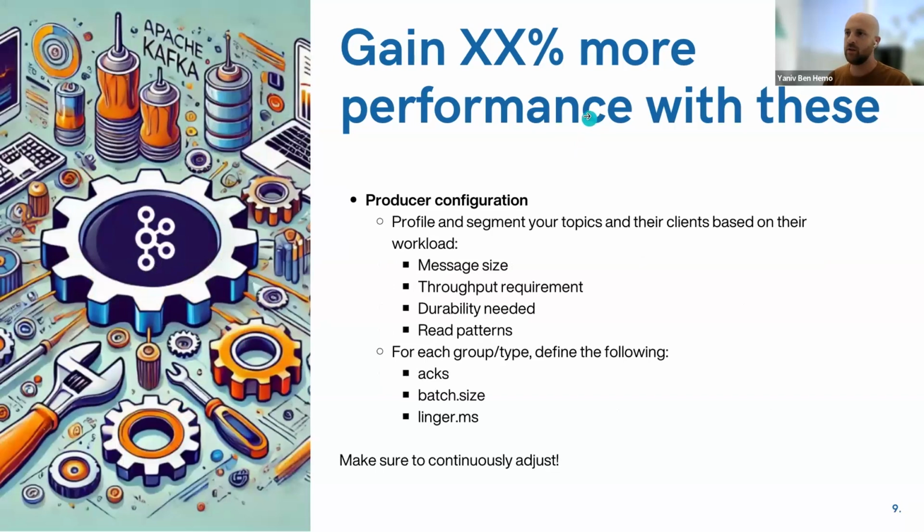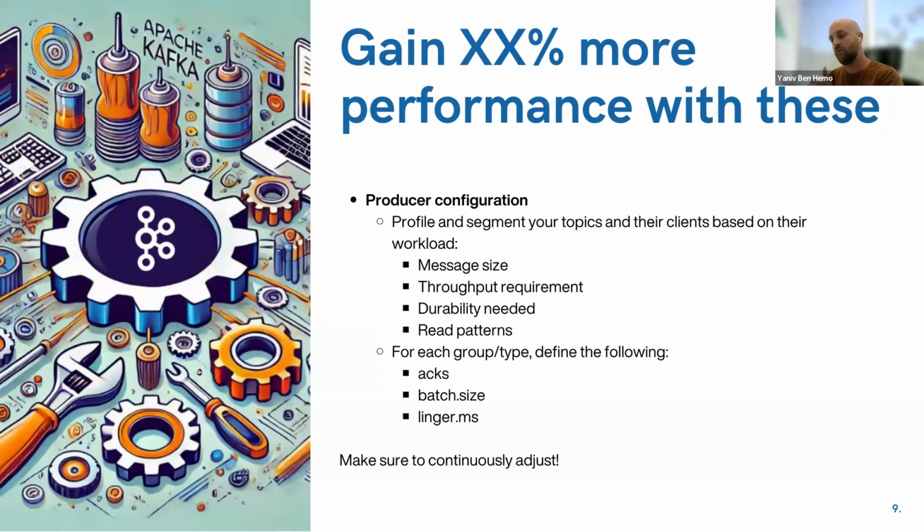Producer configuration. It starts with profiling and segmenting your topics and their clients based on message sizes, throughput, durability, and read. Now, it is heavy lifting. It does require research and a lot of work. But at the same time, if you really want to achieve a substantial performance increase, you need to do that individually for each topic and its client.